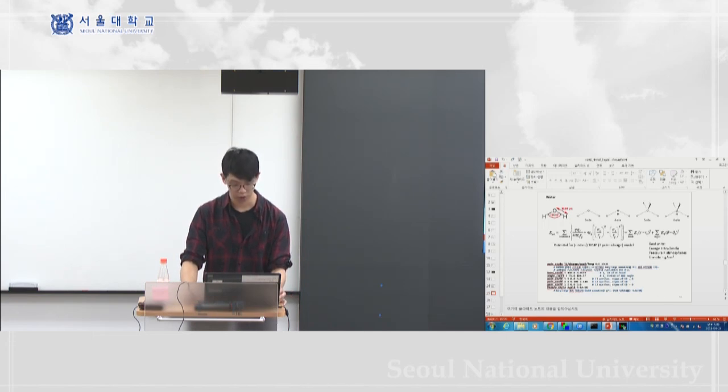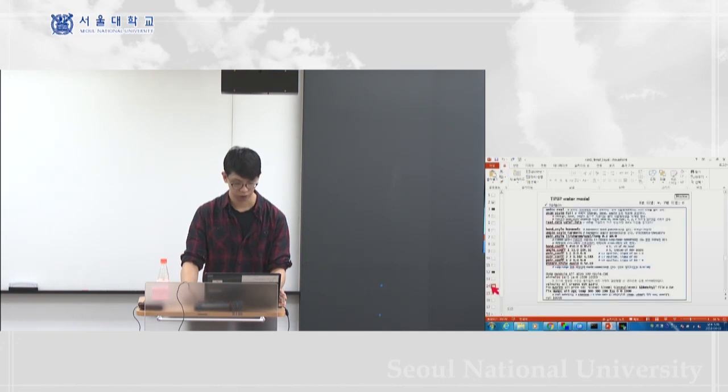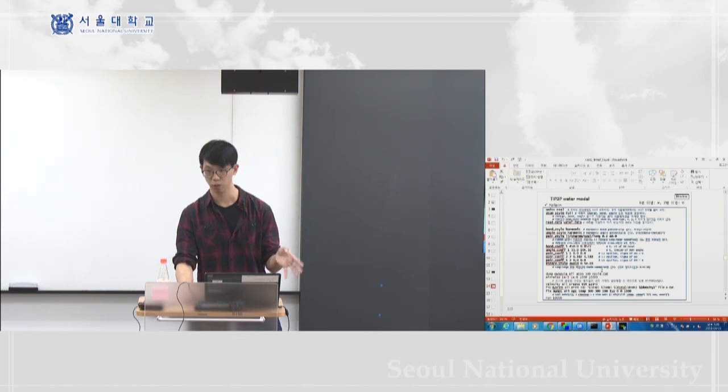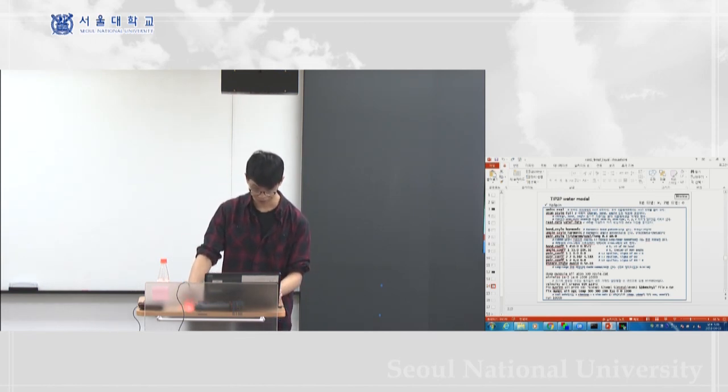And here with the kspace style, we're gonna calculate this Coulomb potential term. So here, the potential is set up within the input file, and the rest is similar.